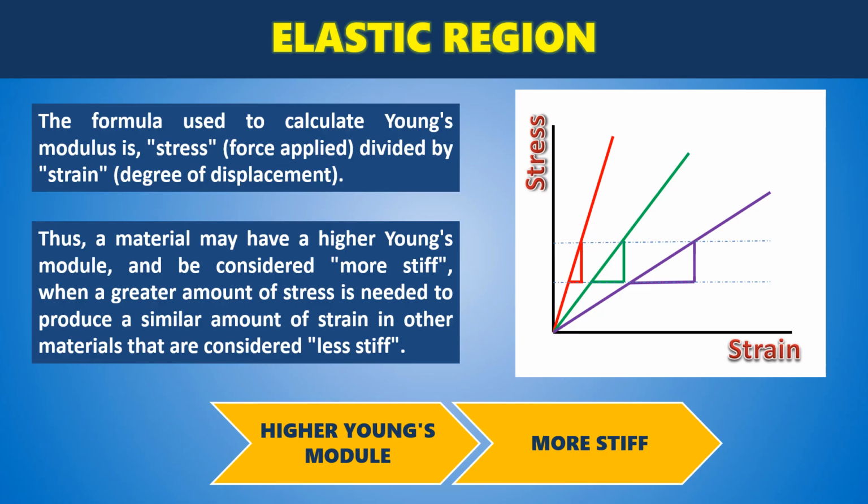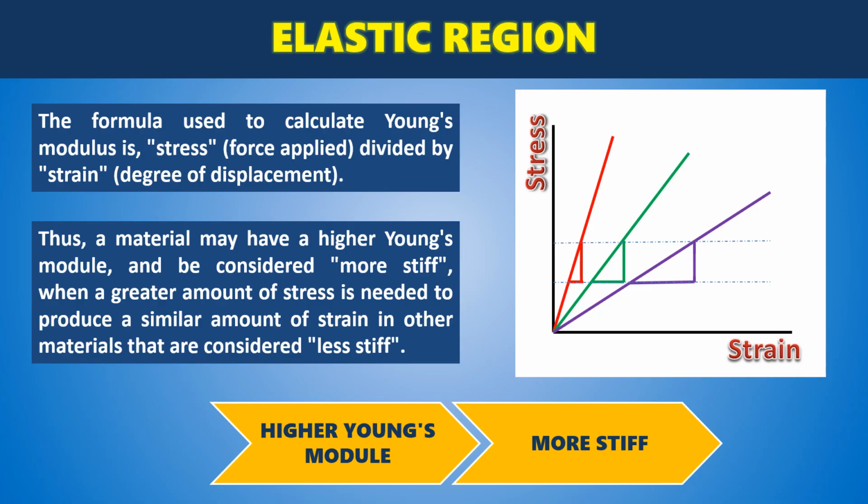Why? Because it is a relation between the numerator, which is the stress, over the denominator, which is the strain. Here the stress is larger than the strain, as you can see, so we will have a high Young's modulus of elasticity.